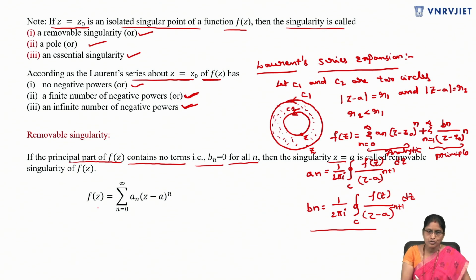If bn = 0, then we get the function f(z) = summation n = 0 to infinity an (z - a)^n.